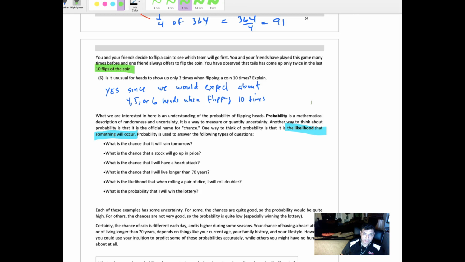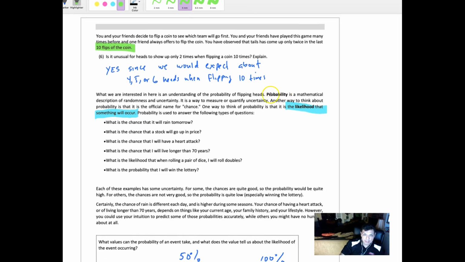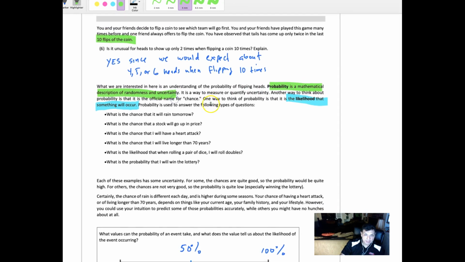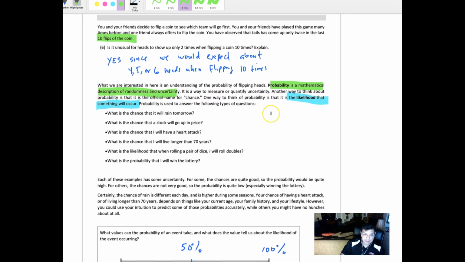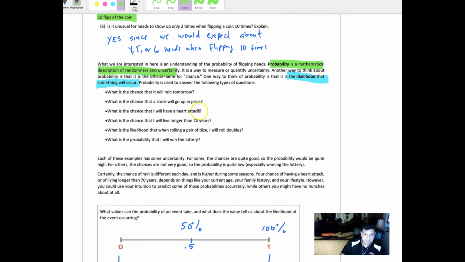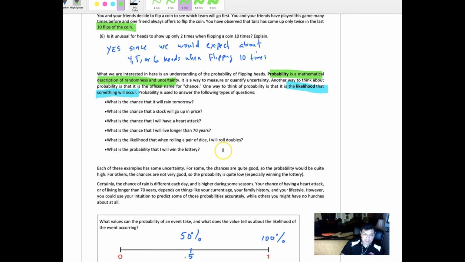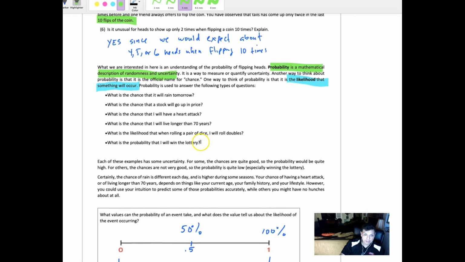So if only 2 come up, you would say that's probably unusual. And so what we're talking about here is this idea of probability. All probability is, is a mathematical description of uncertainty. It's the likelihood that something will occur. So you have these questions here, and there are probabilities attached to each of them.